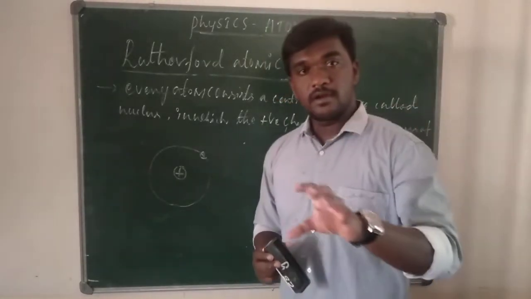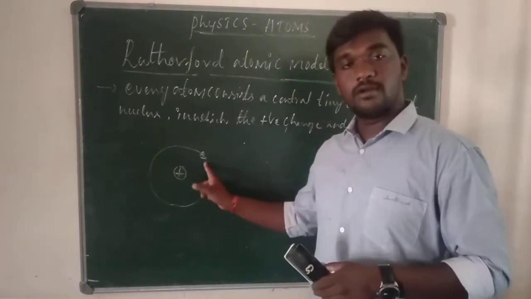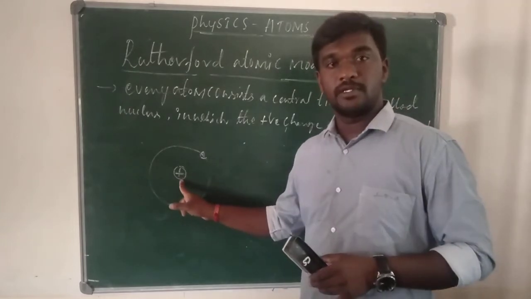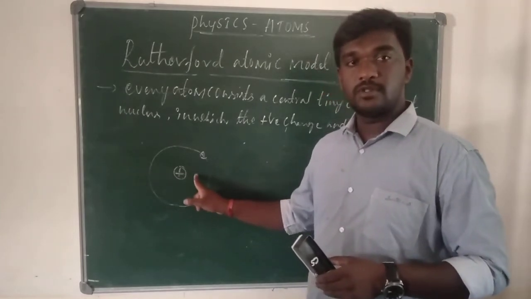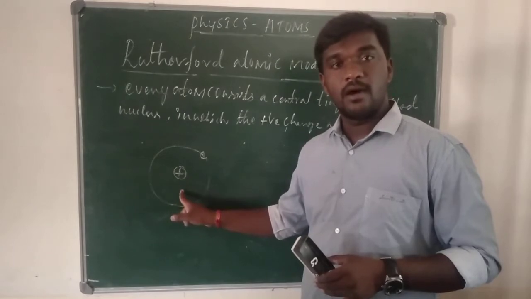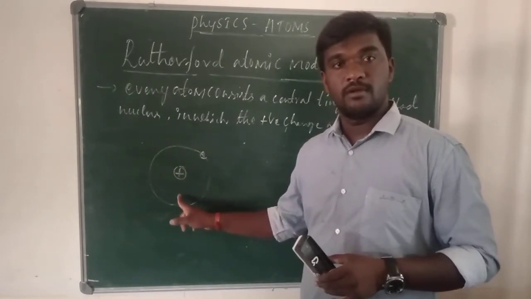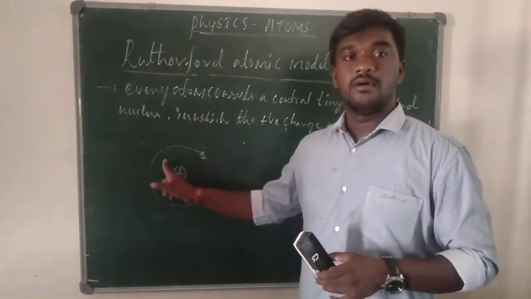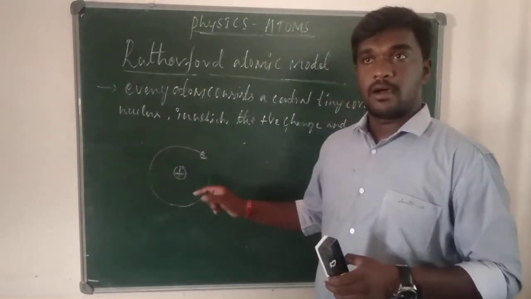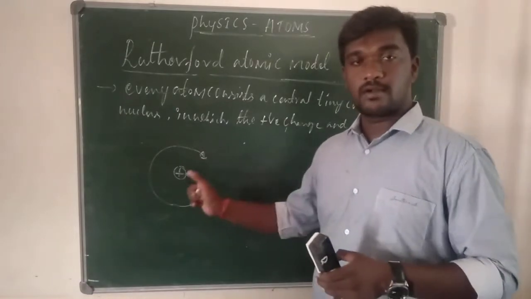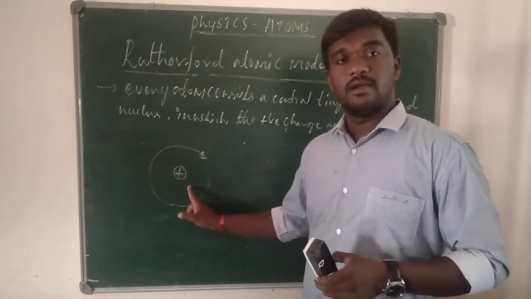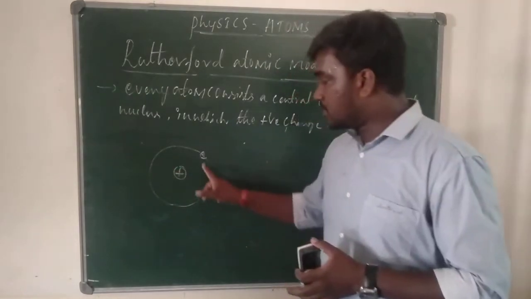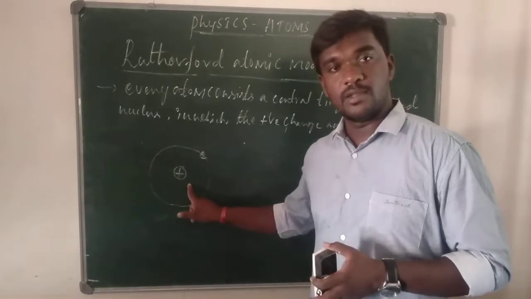The electron revolves around the nucleus in a circular orbit, and the centripetal force required by the electron for revolution is provided by the electrostatic force of attraction between the electron and the nucleus.